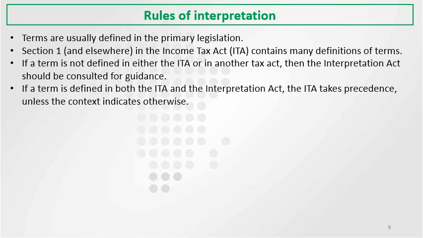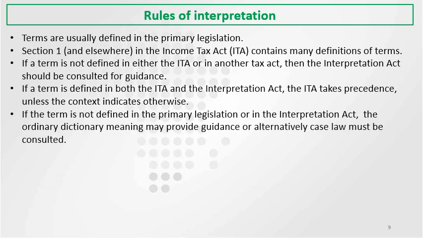If a term is defined in both the Income Tax Act and the Interpretation Act, the Income Tax Act takes precedence, unless the context indicates otherwise. If the term is not defined in either the primary legislation or in the Interpretation Act, the ordinary dictionary meaning may provide guidance, or alternatively, case law must be consulted.